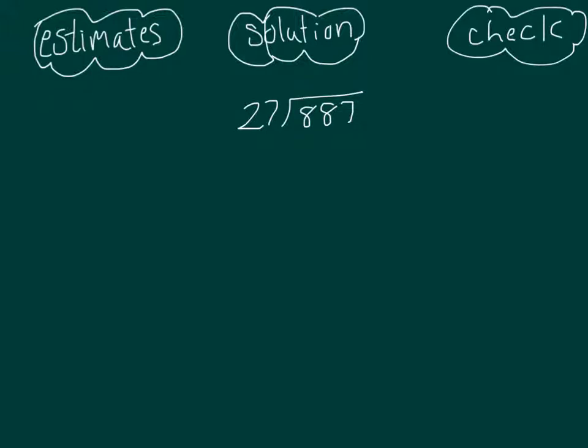Alright, please make sure that you set this up with these titles, these headings, in your math notebook. This is our equation: 887 divided by 27. Can we divide 27 into 800?